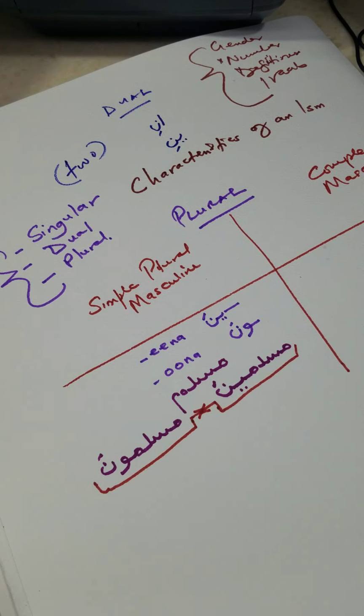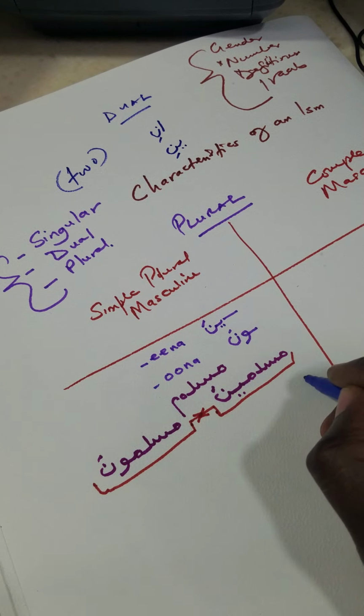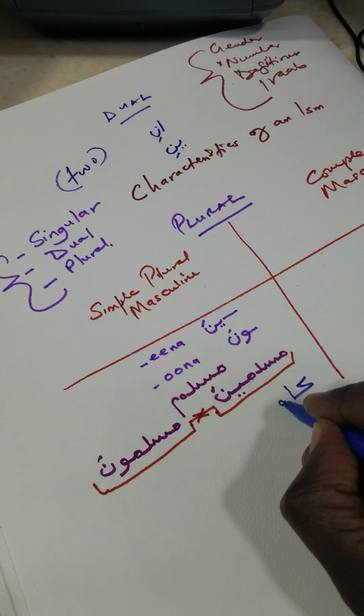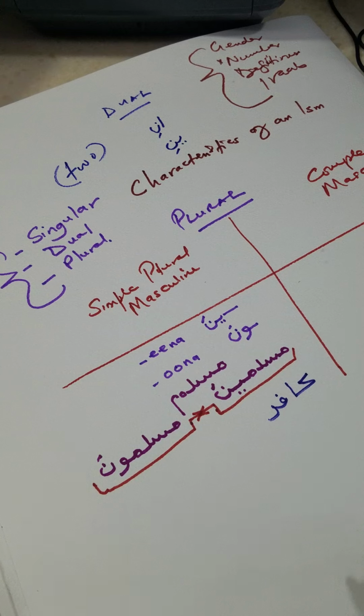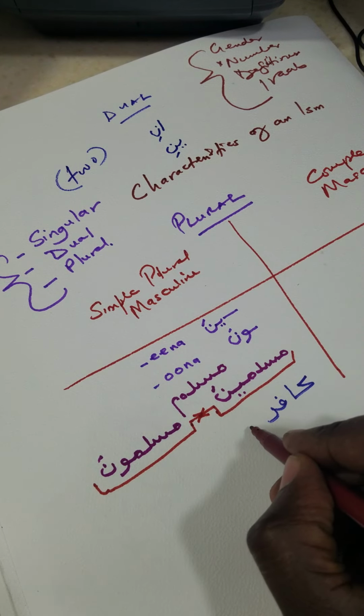Okay, I hope we can get another word. A disbeliever can be called a kafir. If we want to make it plural, we come back and use the same format.